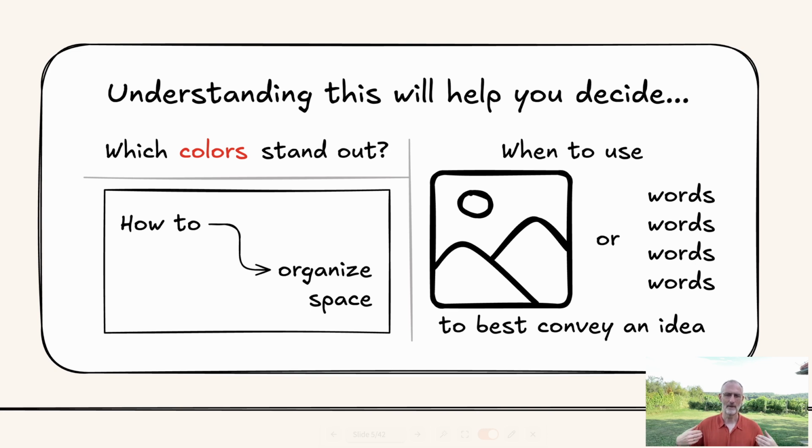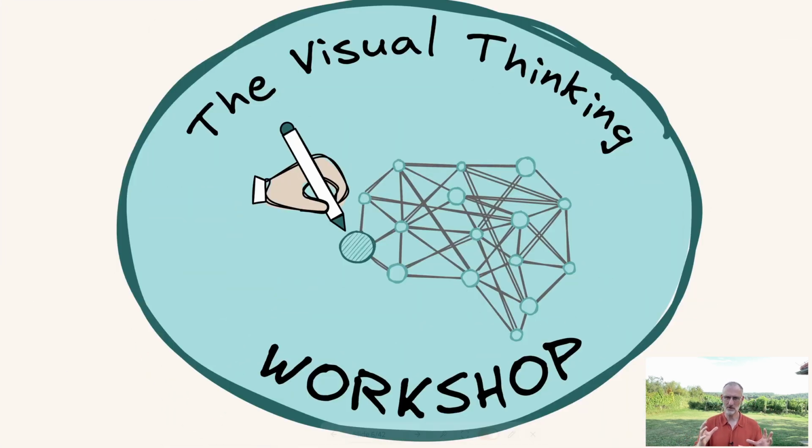You'll be better equipped to communicate the information you want to share with your audience, or rather what your audience needs from you. Now, the book is so good that I'm actually thinking that maybe for cohort 11 of the visual thinking workshop, this is going to be the book that we read together.